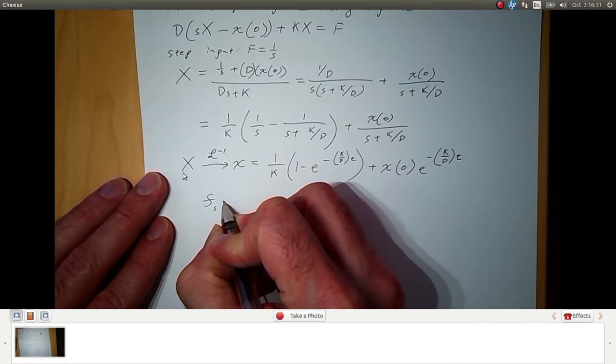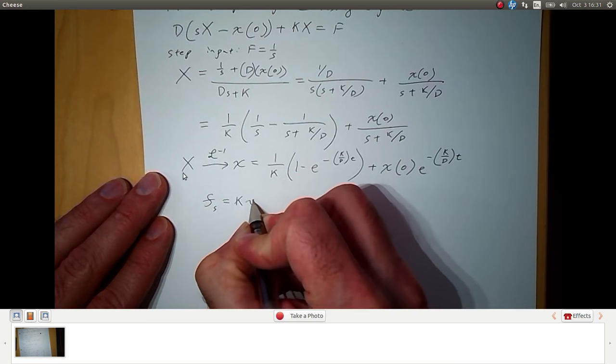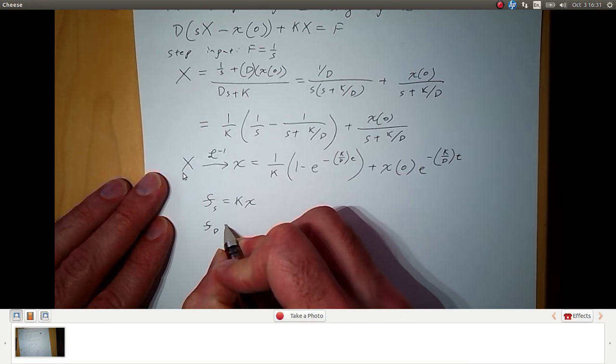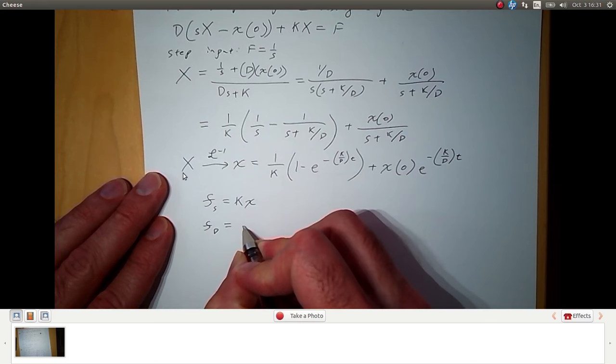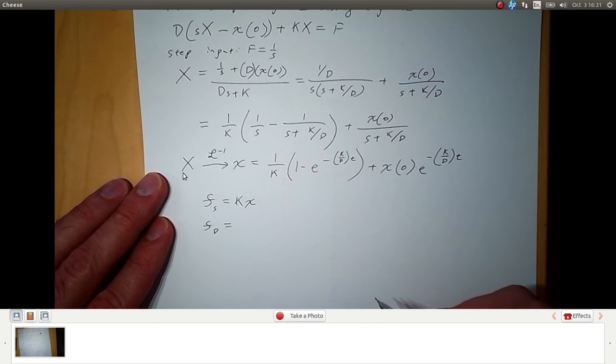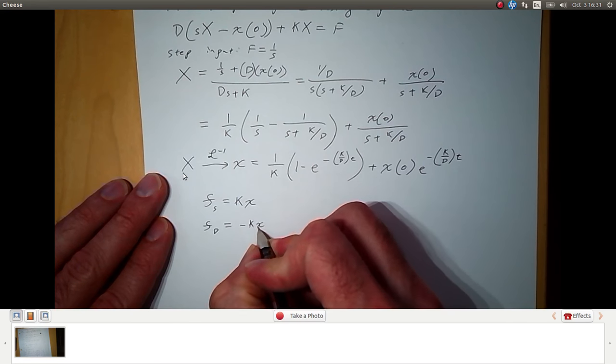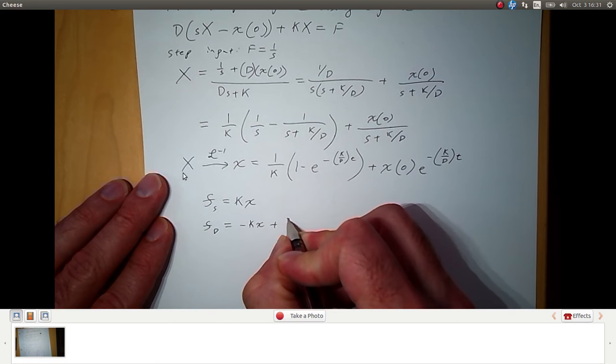So the force from the spring is just k times x. Or we could solve for the force from the damper, F sub d of t, and we want to get this in terms of the state variables and the input. So we have negative k times x plus f.